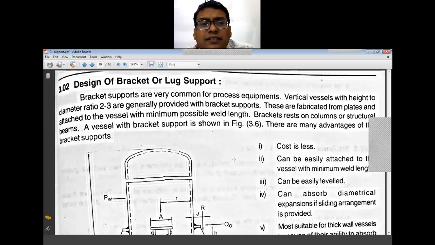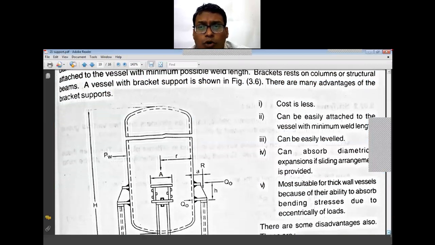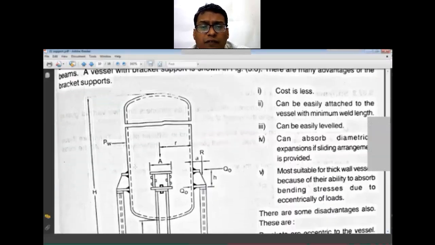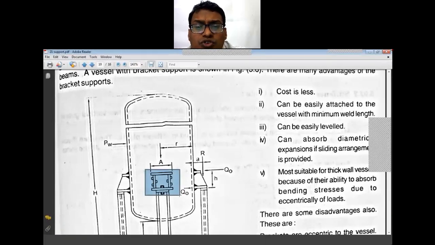Now the next is the designing of the bracket or lug support. Looking at this figure, that is the bracket support or the lug support. This is generally used for smaller diameter vessels, that is 2 to 3 or 2 to 5 meter diameter, and the height is also less.